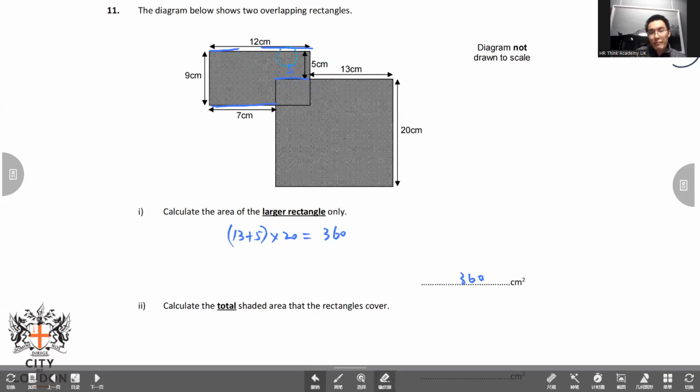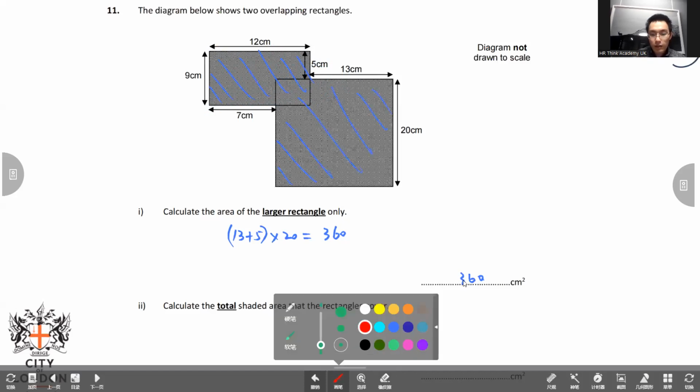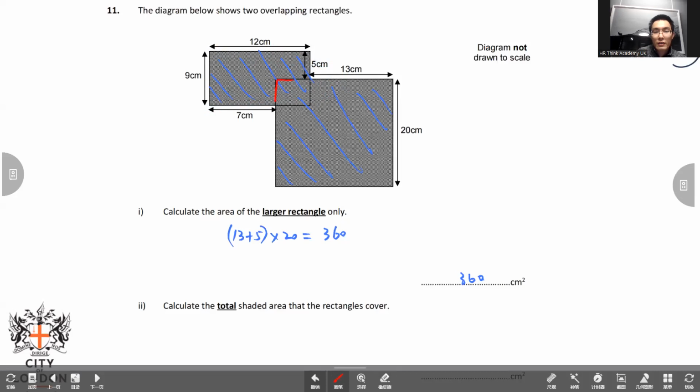So this is an area with inclusion and exclusion, which is summer holiday term stuff, everyone. I hope you still remember. So we want the area of the small rectangle plus the area of the larger rectangle minus, I'll mark the special area in red, minus the area that has been overlapped once.